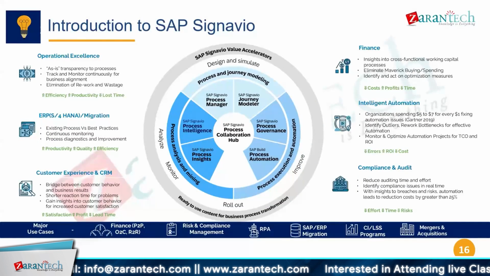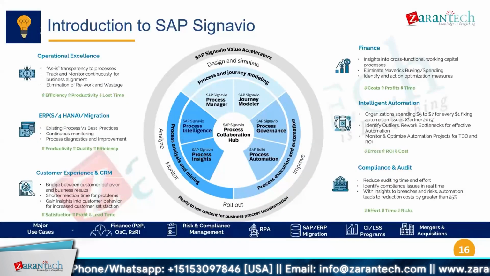In what areas can we use this particular module? We can use it in operational excellence, finance, intelligent automation, S/4 migration or transformation, or the customer area. If you want to improve customer experience or CRM, or to do compliance or audit, these are a few use cases we have put down for your understanding, where we can leverage Signavio.